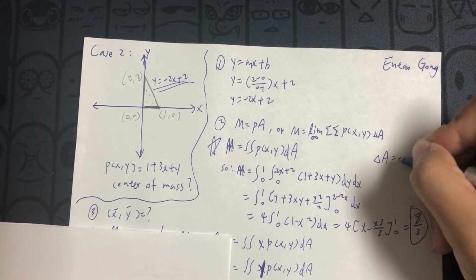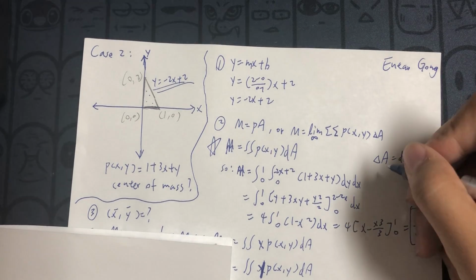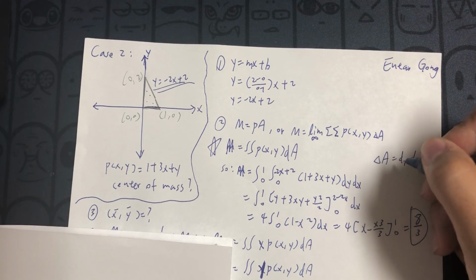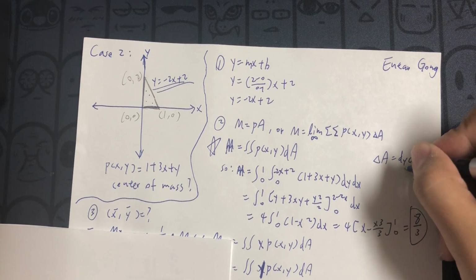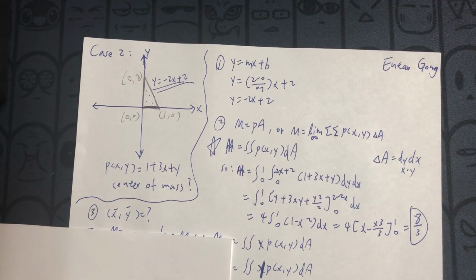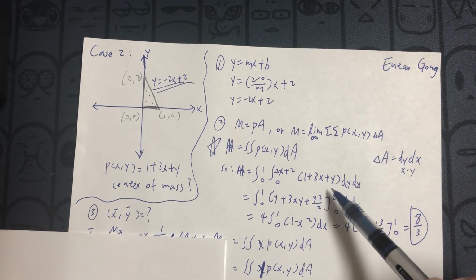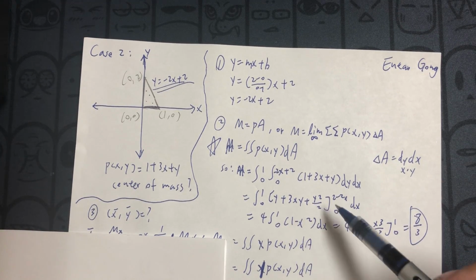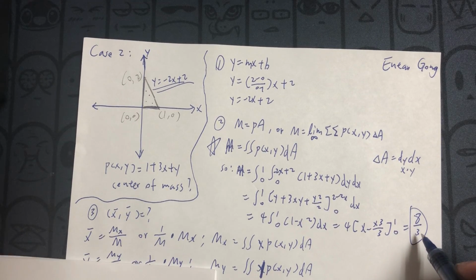Delta A equals delta y times delta x, because this is the area of a rectangle, which is length times width, but it's changing, so it's delta y times delta x. So we do the direct integral, plug in these values, and you should get 8 over 3.